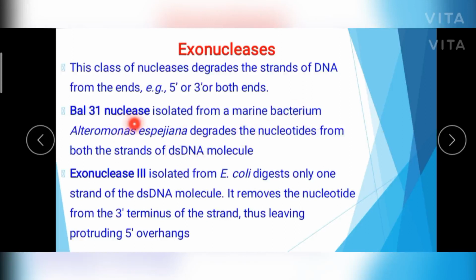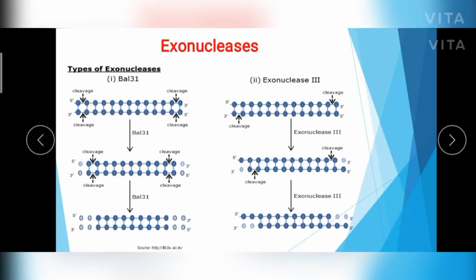It is called BAL31 nuclease, and the other one is from E. coli, the enzyme exonuclease 3. BAL31 nuclease has the ability to cut the DNA from both the ends, that is the 3' and 5' end, from both the sides.